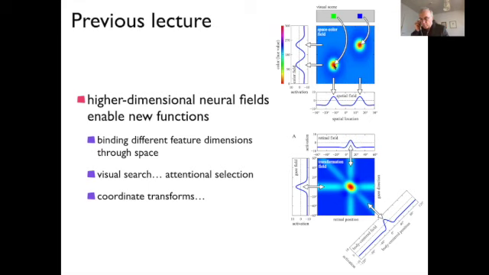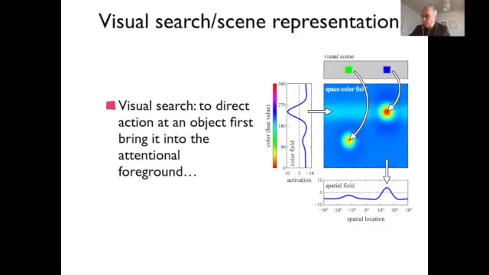So I wanted to elaborate a little bit on visual search. Last week I pointed out how visual search works in principle under these conditions. And the idea is that you query a bound representation, here color and space being bound together. You assume you have bound input from the visual array, that is, neurons tuned to color and to location would represent the input.